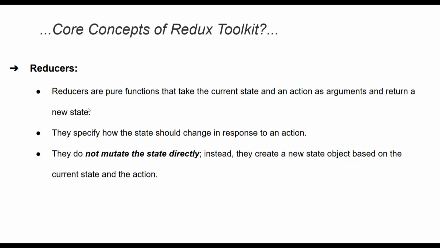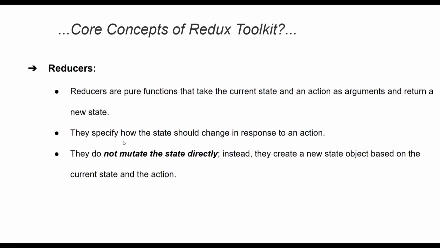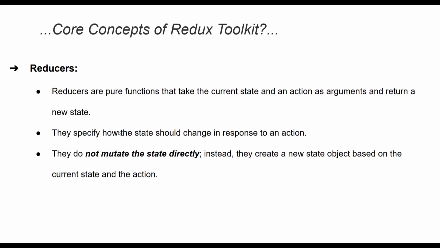So these are reducers. For example, we saw a function called increment, which is an action called increment. That increment can be declared as a reducer, right? Now that reducer has the action, and as you can see, they are pure functions, and they take the current state.